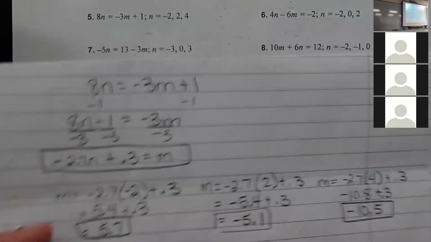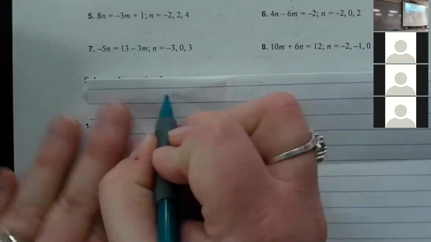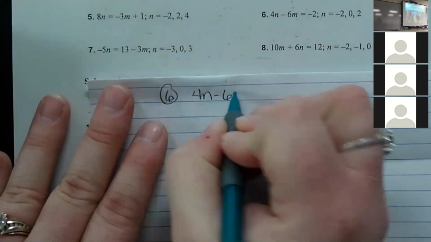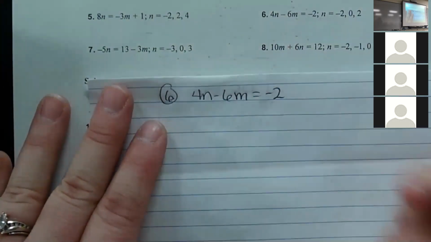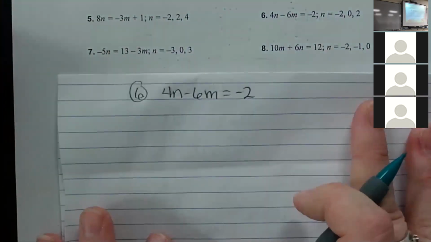Okay, number 6. 4n minus 6m equals negative 2.